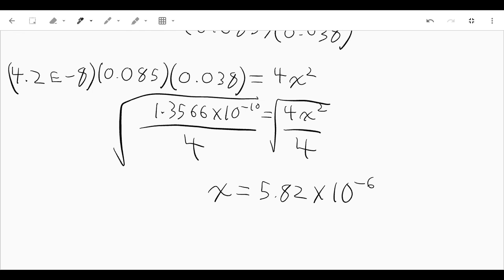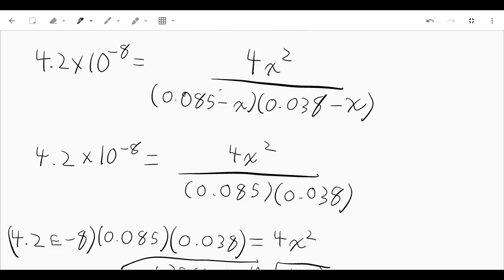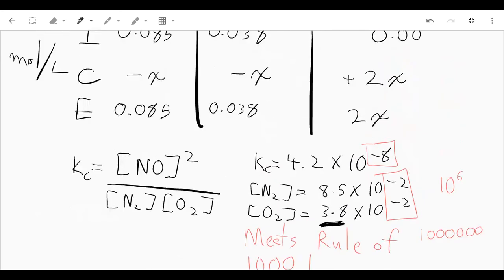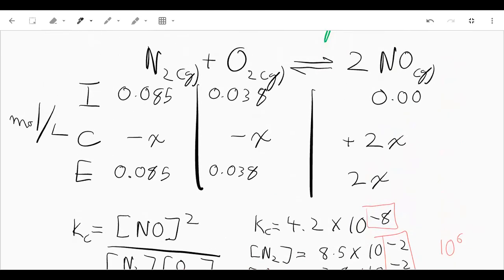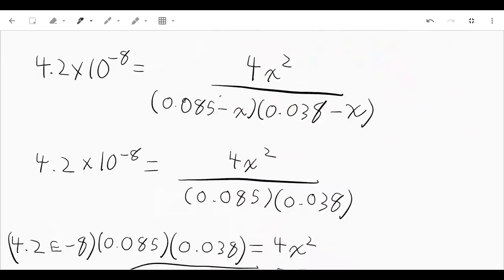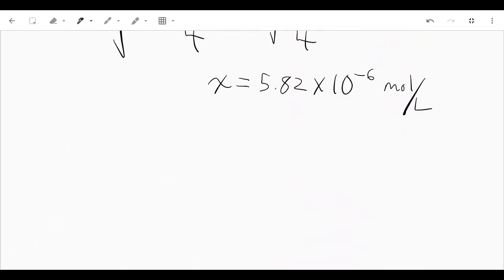And you can see now this is very, very small compared to those original numbers that we started out with. Now, an important thing is that for the concentration of the nitrogen monoxide, you have to remember that it was 2x. These questions can go on for a little while.